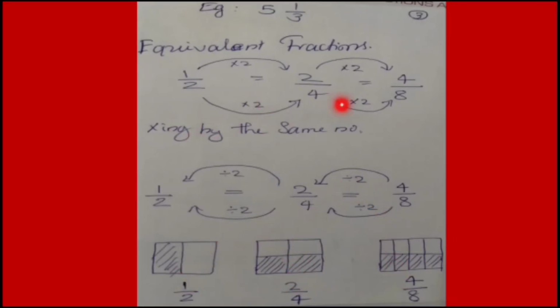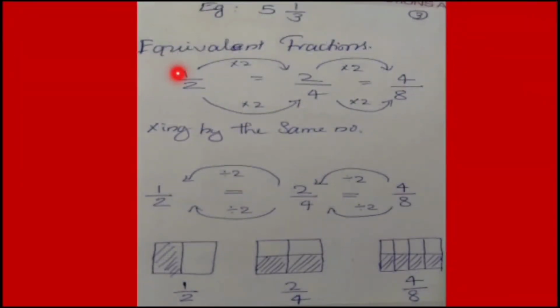Let's see some more explanation. Here I have taken 1 by 2. We have to find the equivalent fractions of 1 by 2. So how can we find the equivalent fractions of 1 by 2 or any fraction? You have to multiply the numerator as well as the denominator with the same number. See here, if you multiply by 2, you will get 2 by 4.